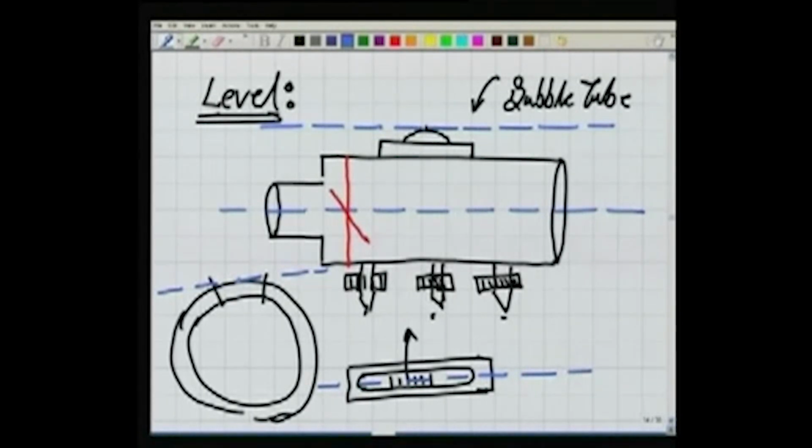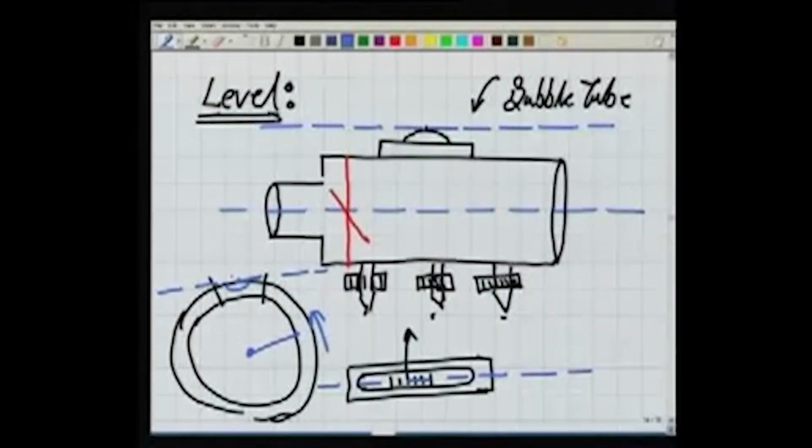Now, because there is a little bubble here, if I rotate this tube, you can think that I am rotating this big circular tube. If I rotate it, this bubble will have a tendency to always be on the top. So, this bubble will be at the top, as well as these graduations.